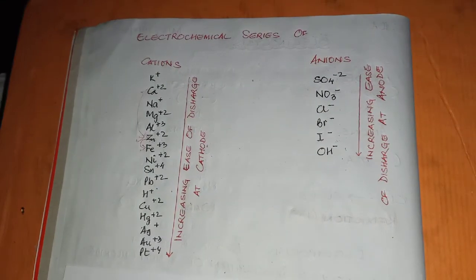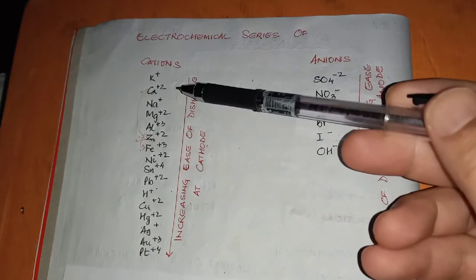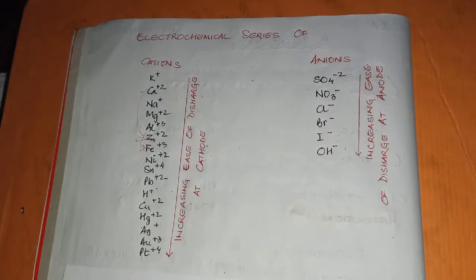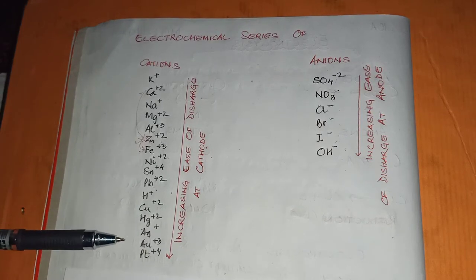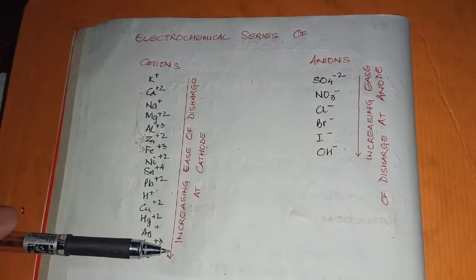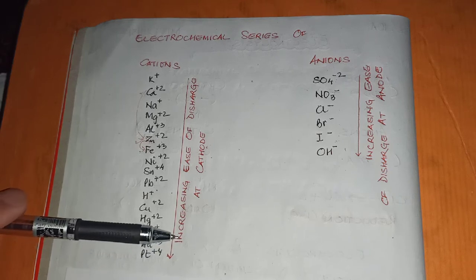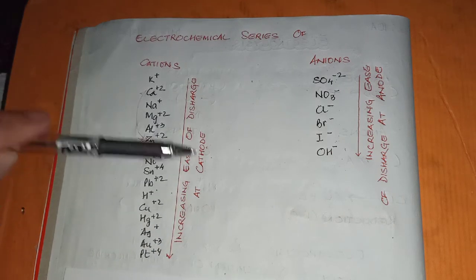Like, we have electrochemical series of cations as well as anions. So you can see all the cations of metals listed in the increasing order of ease of discharge at the cathode. So the lower the position in the electrochemical series, the greater the chances for the discharge at the cathode.